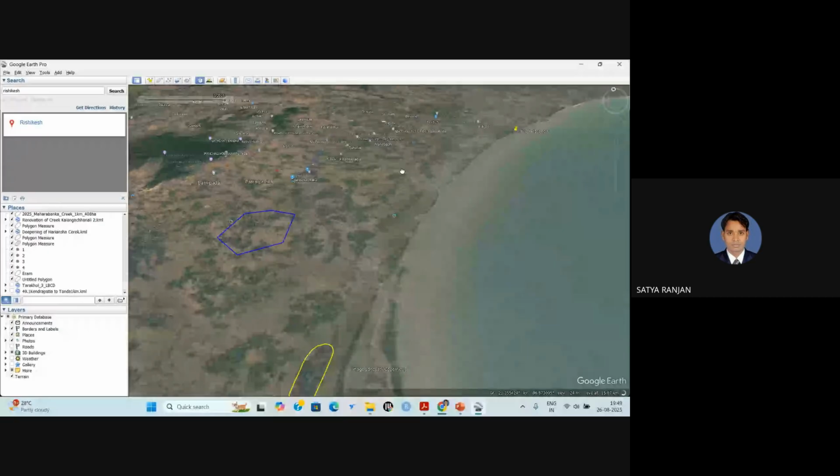The spreading of the water during flood timing creates a temporary plain. If it occurs frequently, then it creates natural dynamic structures. So this is called a floodplain.